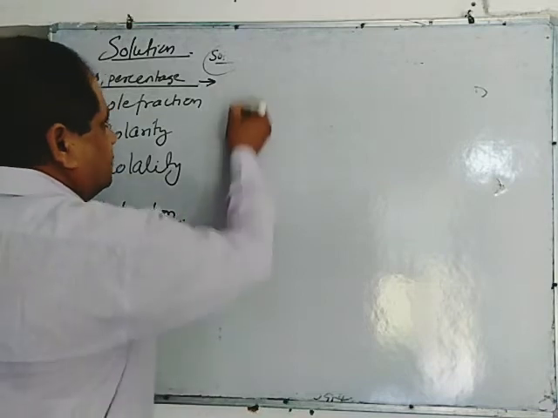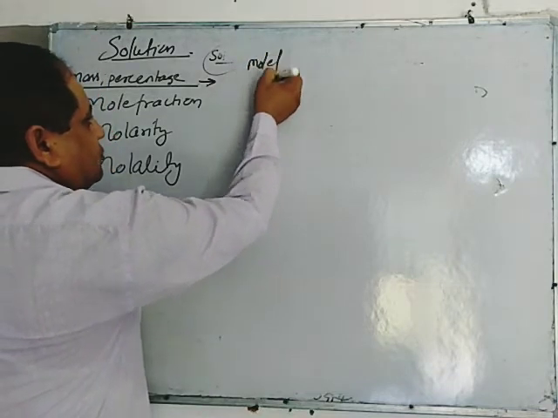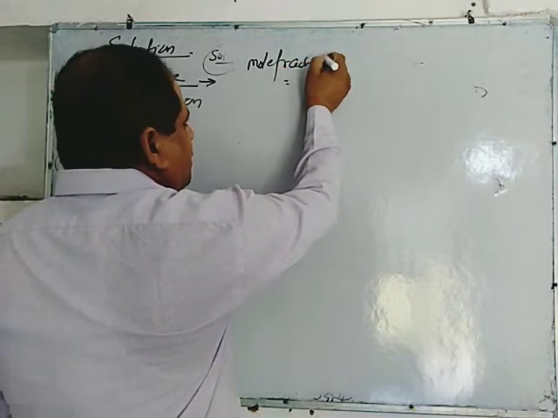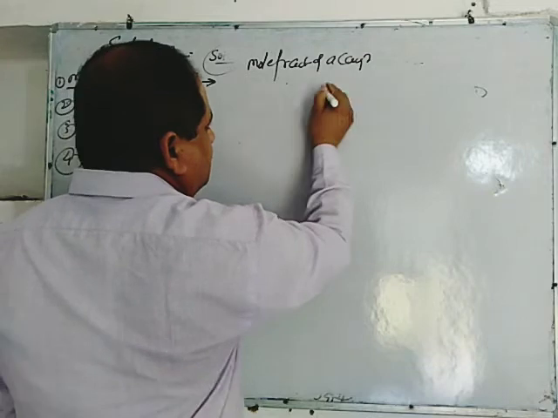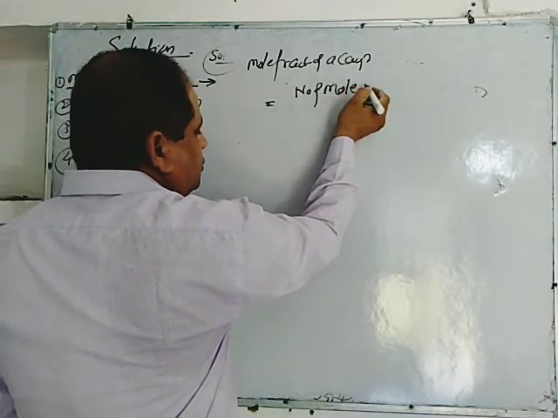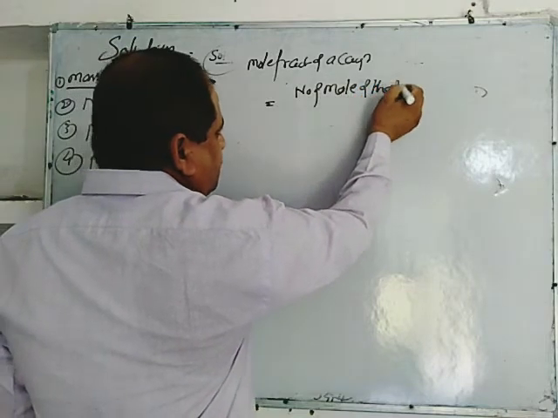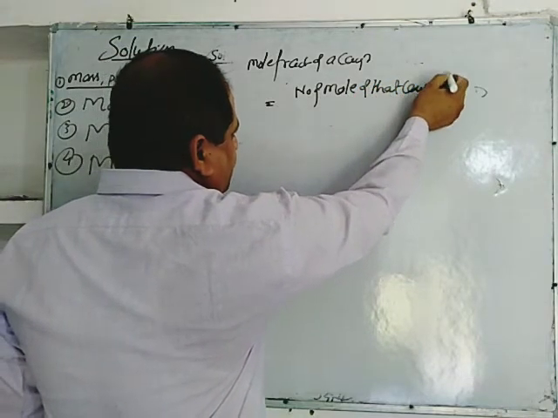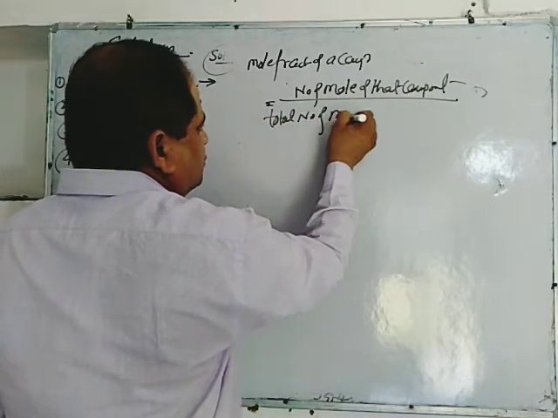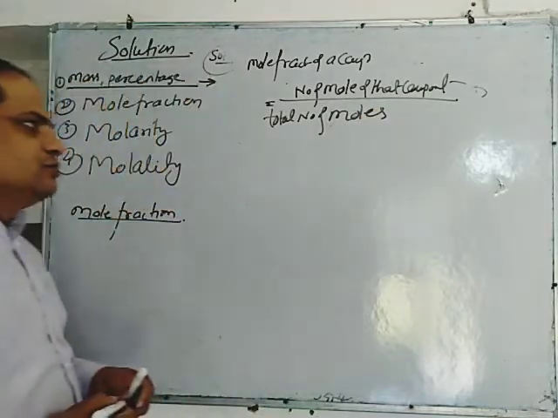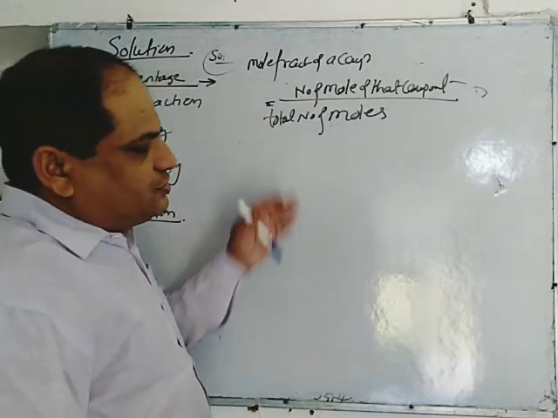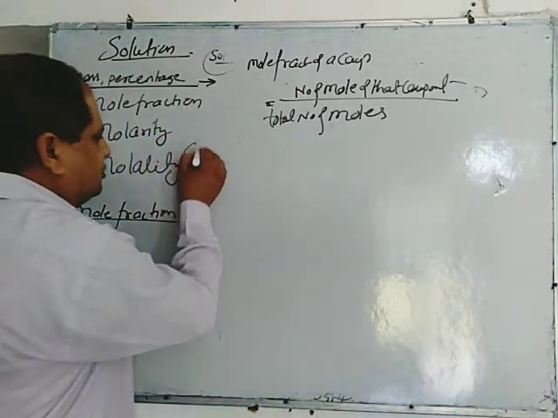So mole fraction of a component equals number of moles of that component upon total number of moles present in the solution. We will understand this by solving a question.